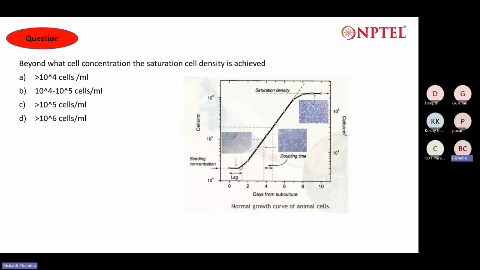So this is a diagram of the growth curve of particular animal cells. Okay, so beyond what cell concentration is the saturation cell density achieved? The options are 10 to the power 4 cells per ml, between 10 to the power 4 to 10 to the power 5 cells per ml, 10 to the power 5 cells per ml, or 10 to the power 6 cells per ml.